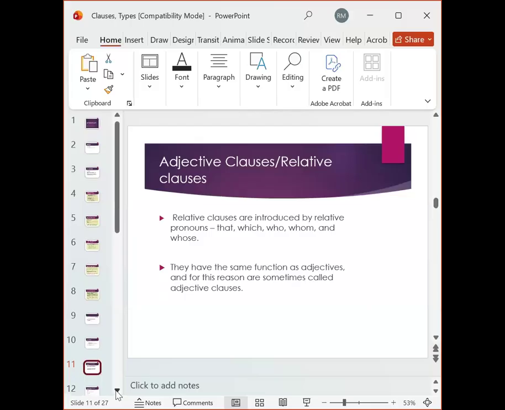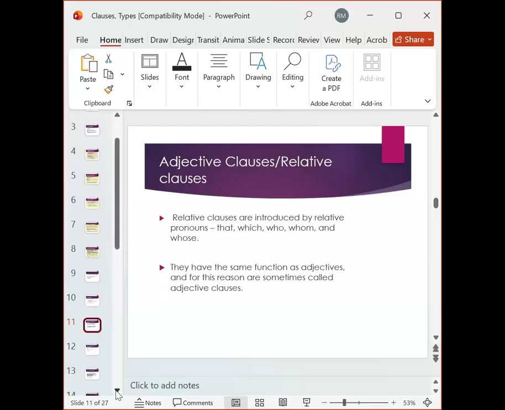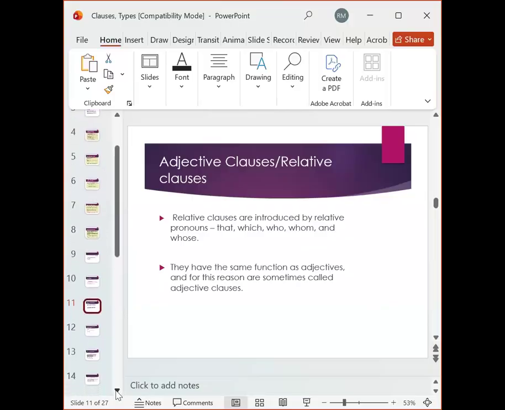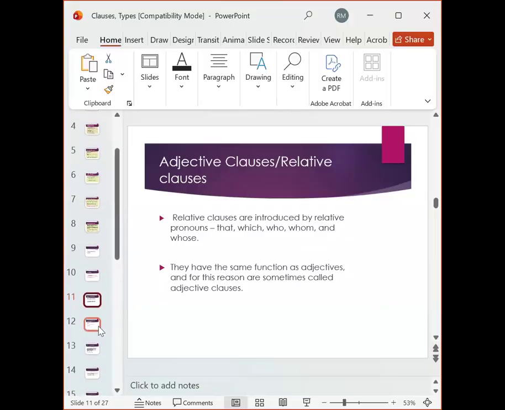Now, when it comes to relative clauses, there are two types actually. We have what we call the defining relative clause and non-defining relative clause, or restrictive relative clause or non-restrictive relative clause.